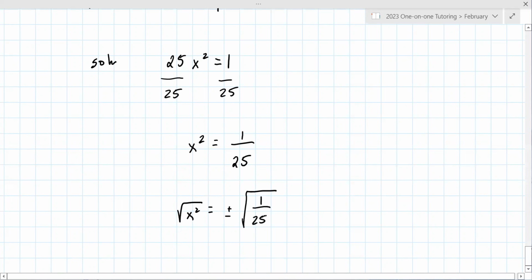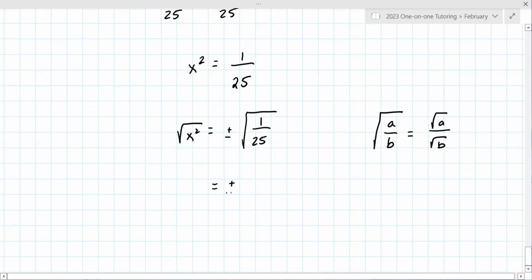This is going to look really awkward from the beginning. The square root of a over b is the square root of a over the square root of b. Basically, you can take the square root of the top and the bottom separately. So this would be the square root of 1 over the square root of 25, and this becomes 1 over 5.